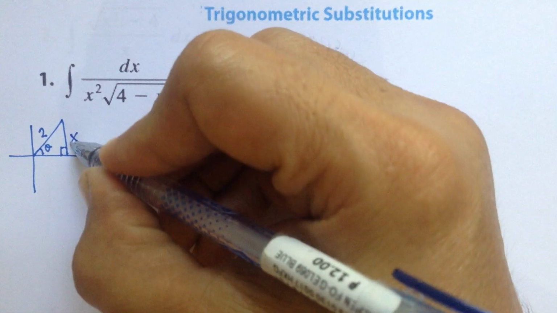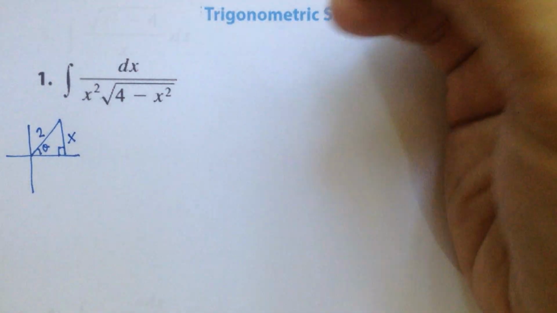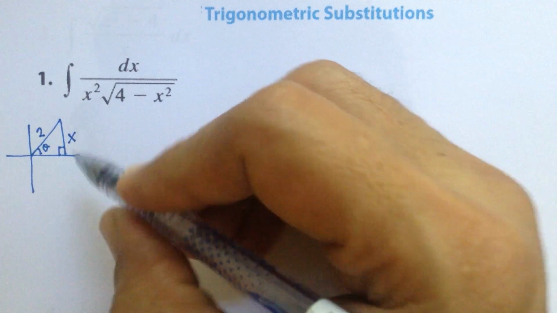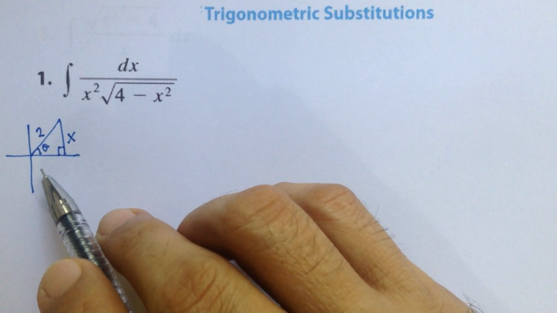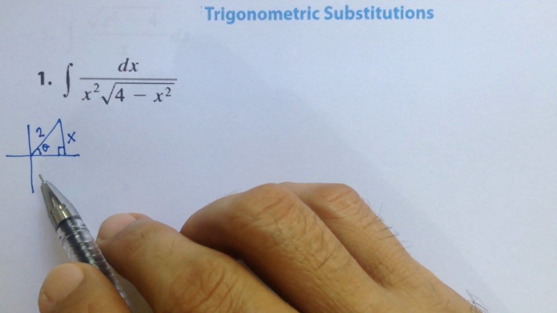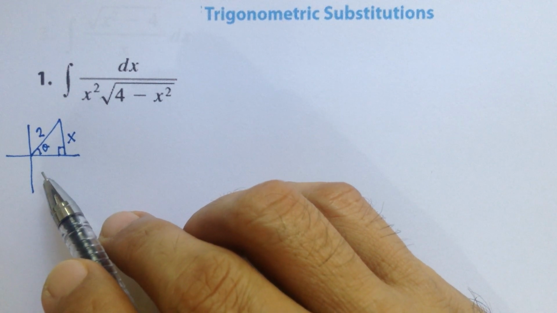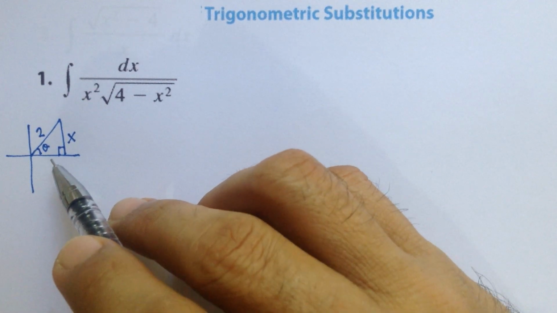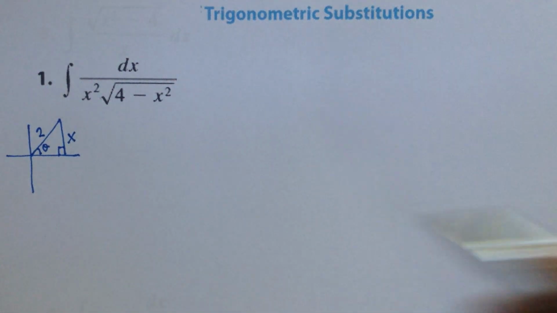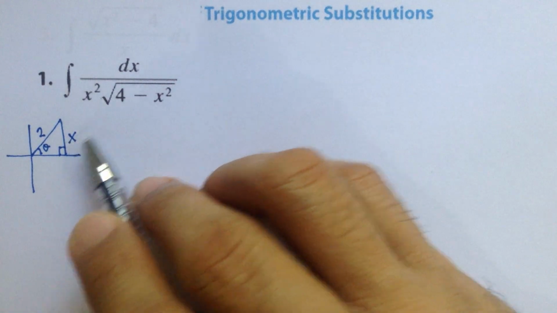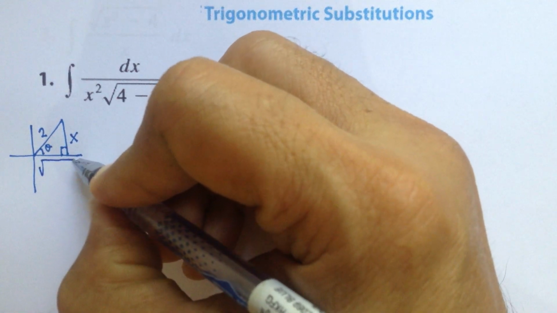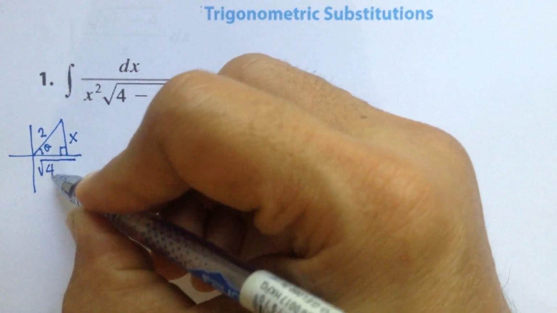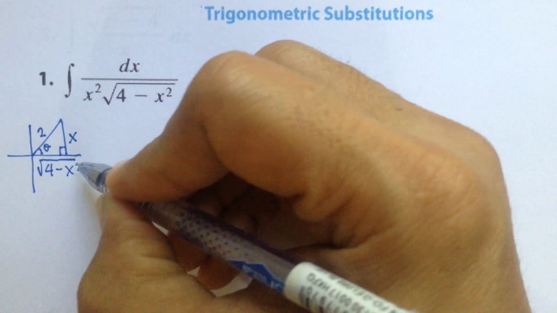We choose to write x here. Although you can also put this x here, in that case you're going to use a different substitution, it would be x equals 2 cosine theta. To be consistent with what's in our table, let's put x here. So using the Pythagorean theorem, this will be square root of 4 minus x squared, right?